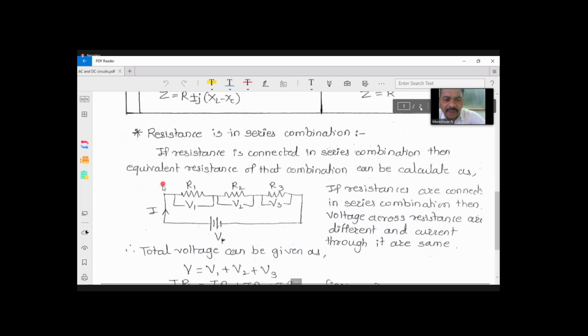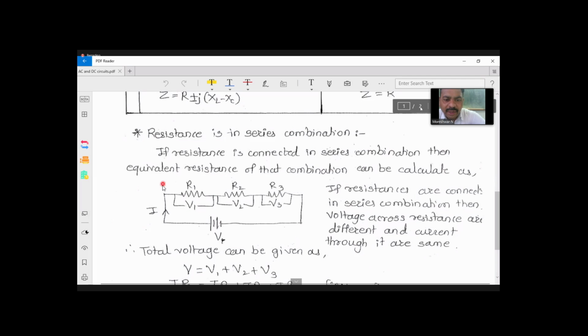That resistor is called a variable resistor. That kind of resistor has three terminals, and the symbol of a variable resistor will be something like this. We are not talking here about a variable resistor. We are talking about a fixed resistor. So R1, R2, and R3 have fixed values.